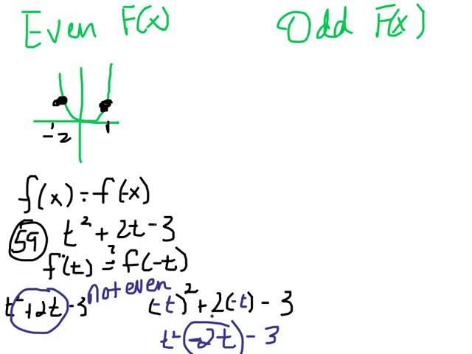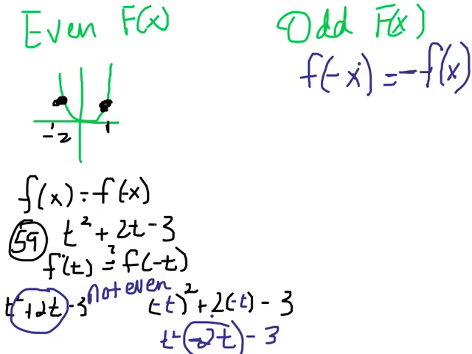An odd function, if you were to plug f of negative x into the problem, is equal to the negative of just f of x. This would be kind of like a reflection, if you think about it, of a value.